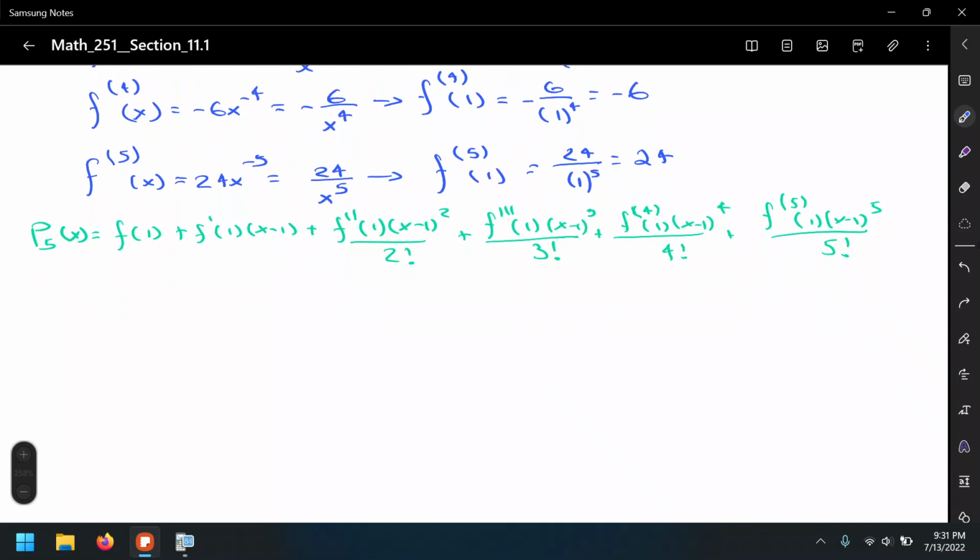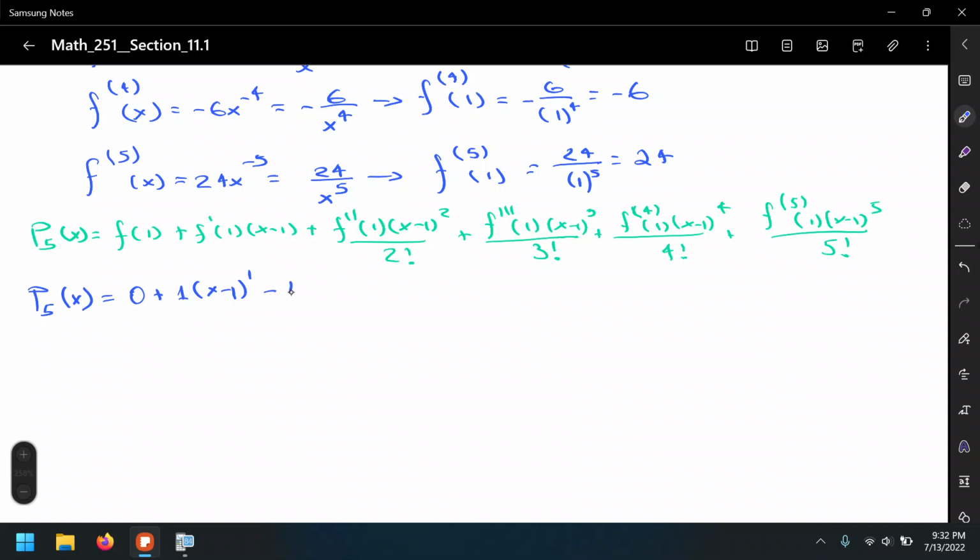So p sub 5 of x equals f of 1, which is 0, plus 1 times x minus 1 to the first power. Yes, in this case I'm writing those invisible ones just to make more sense about it, so you can see where they're coming from. And then that's going to be minus 1.